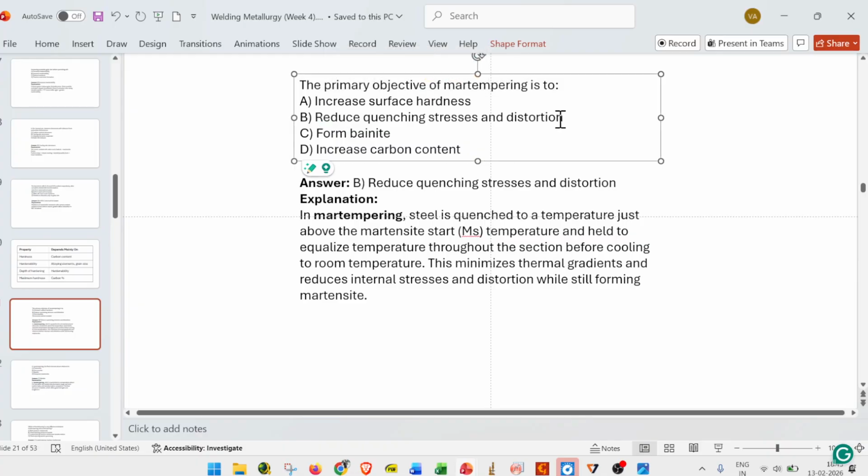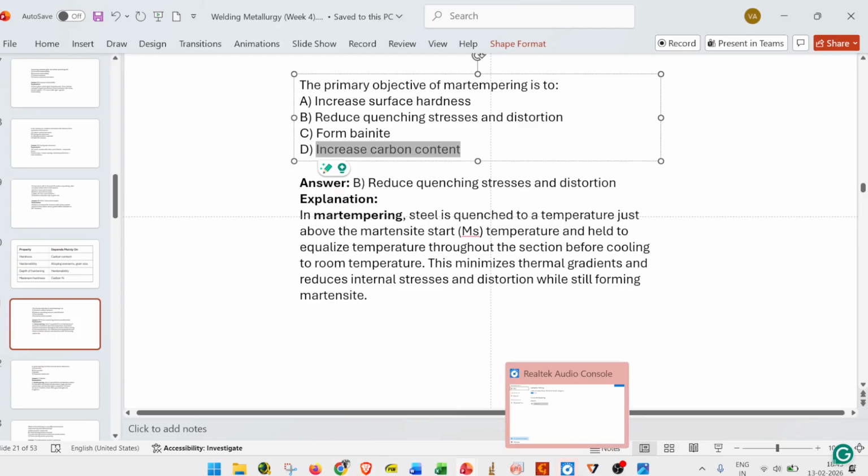No. Reduce the quenching stresses and distortion? And forms the bainitic phase? No, that is formed during austempering. Increase the carbon content? No, carbon content cannot be changed by the way we do the cooling. Okay. So reduce the quenching stresses.